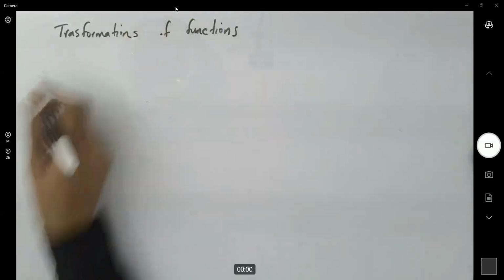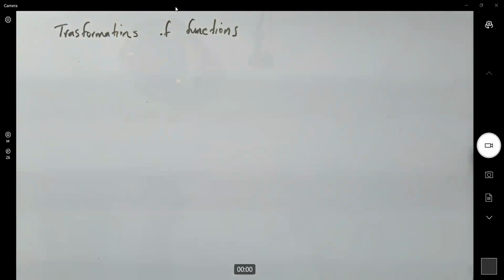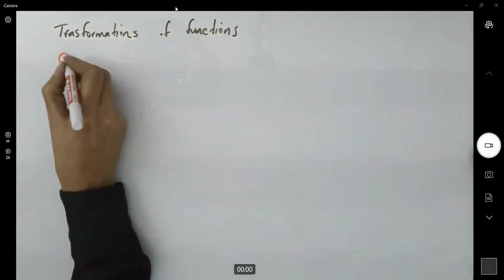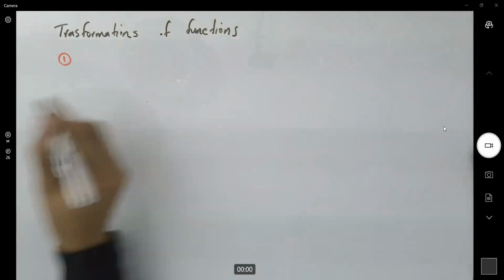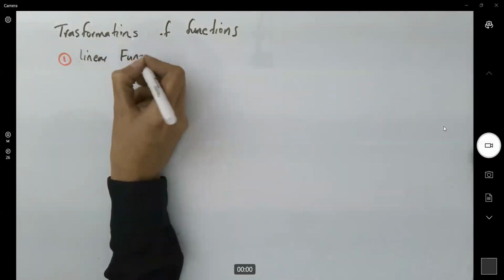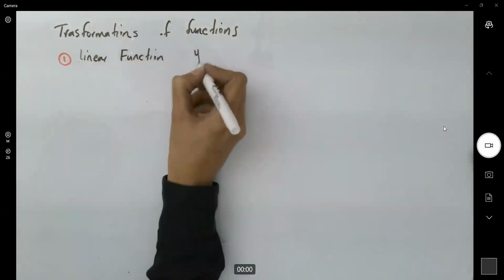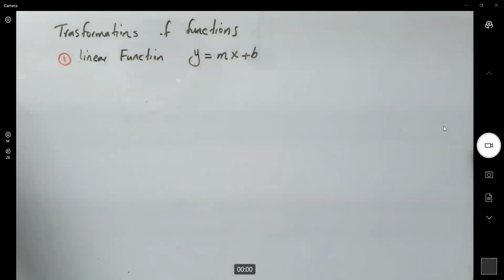So the very first function that we talked about is a linear function. A linear function was described as y equals mx plus b.